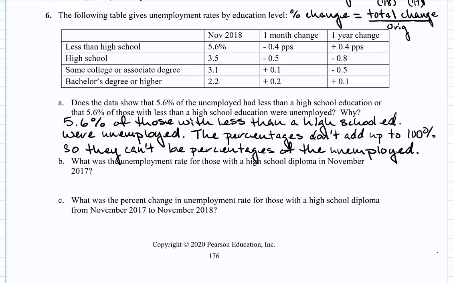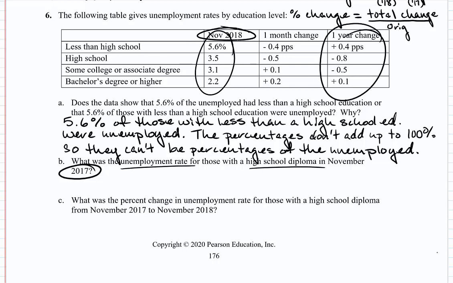Now in part B, what was the unemployment rate for those with a high school diploma in November of 2017? Now, watch out. They're asking you about November 2017, not November 2018, which we have in the table. But they do give us the November 18 percentages, and they give us the 1 year change points. So here's what you do with that information.